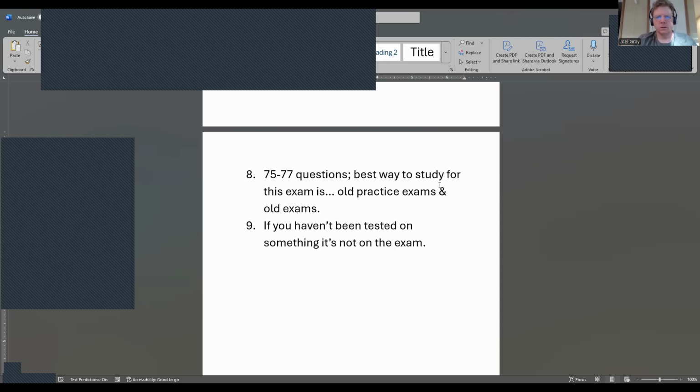Let me rephrase that. It's not on the final exam. If there's something that over the course of the semester I maybe said was super important, but I never ended up asking you a question about it on any of the exams, whether it's a practice exam or an actual exam, I'm not going to ask you about it now.